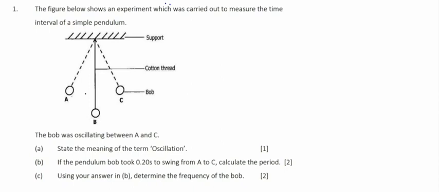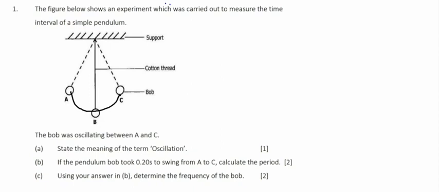Now, I was saying the bulb makes only one complete oscillation when it moves from A to C and back to A. But here they have said the bulb has moved from A up to C. Is this one complete oscillation? No, unless it moves from A to C and back to A. That one is the complete oscillation.